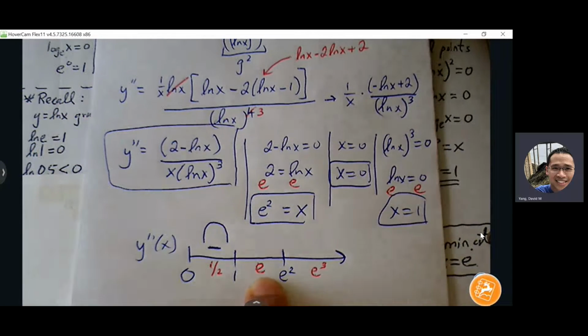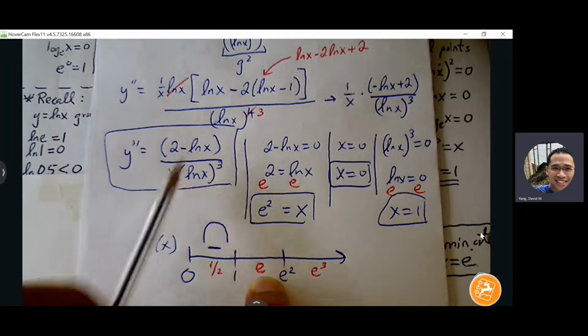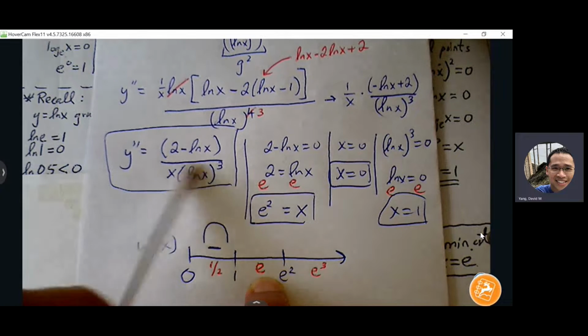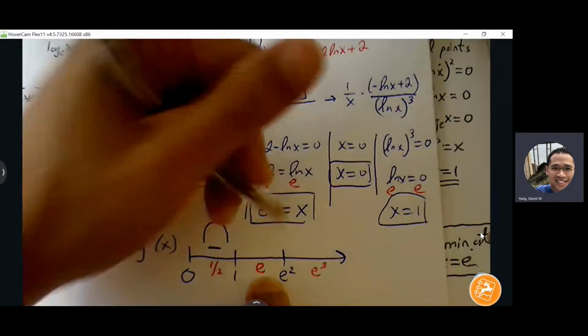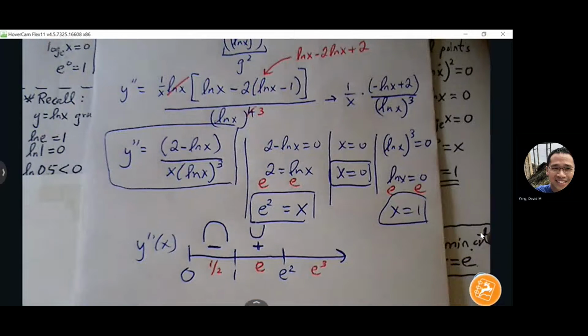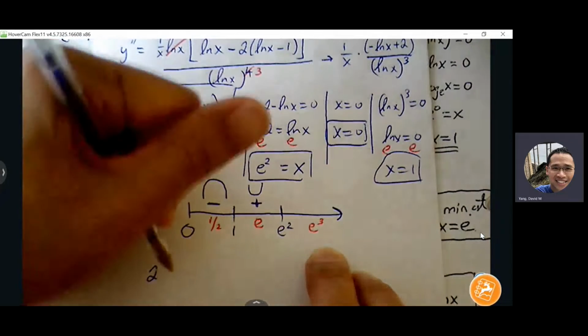All right, let's test out e here. Natural log of e is 1. 2 minus 1 is positive, right? Bottom here, e times natural log of e cubed. Everything is positive below here as well. Positive over positive, positive. Okay, e cubed, I'm going to work this out. Maybe there's more going on here.